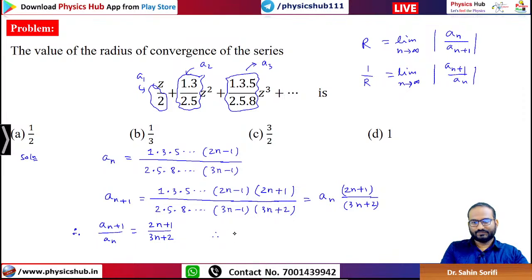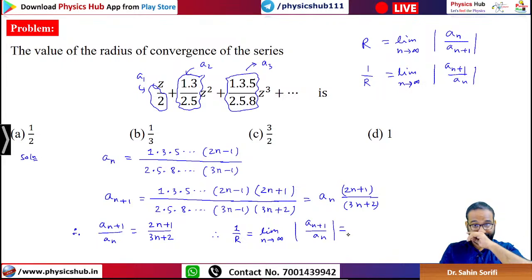Therefore 1 by r, let us see we are calculating, limit n tends to infinity, an plus 1 by an, this is equal to limit n tends to infinity.